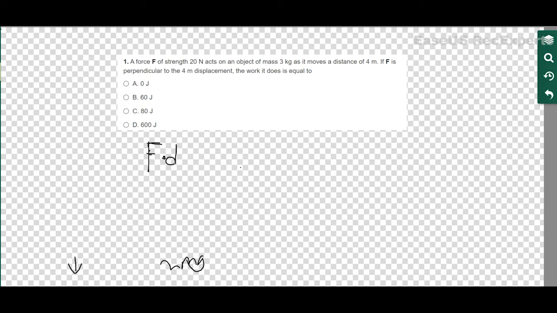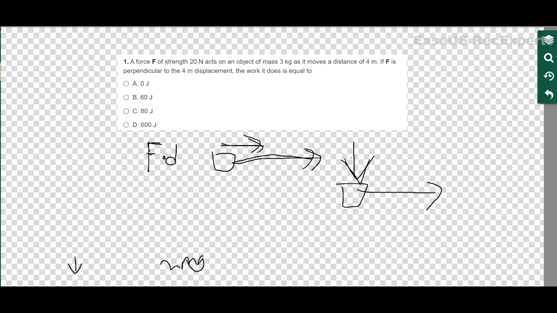So if you have an object moving here, only the component of the force applied in that direction is taken into account when calculating work. Now what we're assuming is that there is an object moving a certain direction, but the force that we're given is applied perpendicularly to the object's displacement.